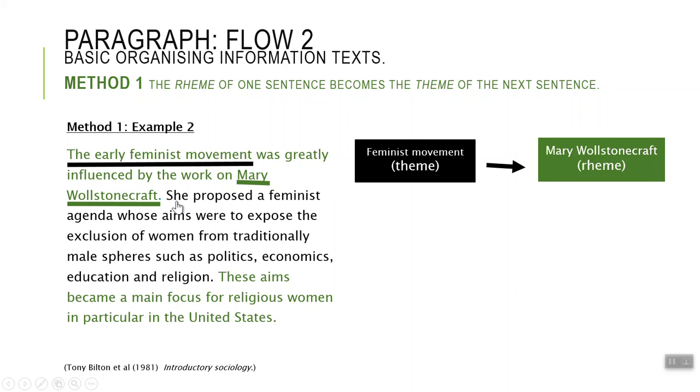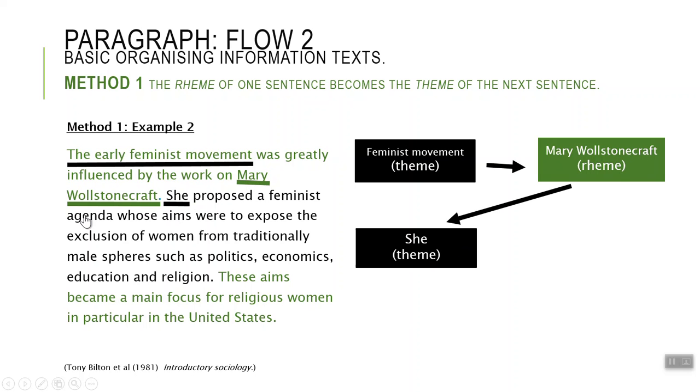You see the next sentence: she, which is Mary Wollstonecraft, proposed a feminist agenda whose aims were to expose the exclusion of women from traditionally male spheres such as politics, economics, education, and religion. So where is the rheme? Her aims. The rest are just part of that rheme. The main theme of the rheme is aims.